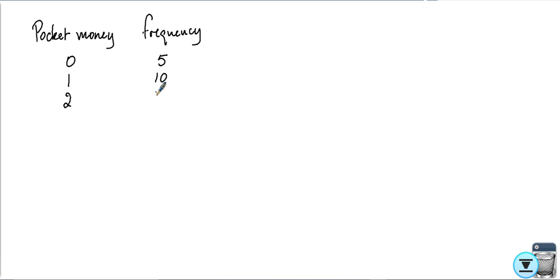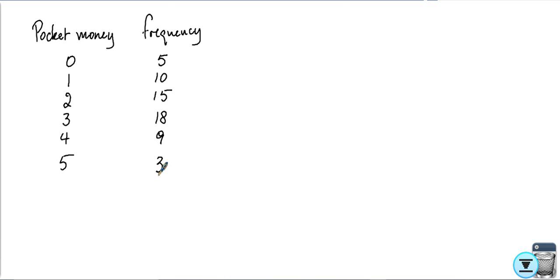So for another example, I'm going to have another table. This time the table is going to be about pocket money and frequency. 0 euros 5 times, 1 euro 10 times, 2 euros 15 times, 3 euros 18 times, 4 euros 9 times, 5 euros 3 times.